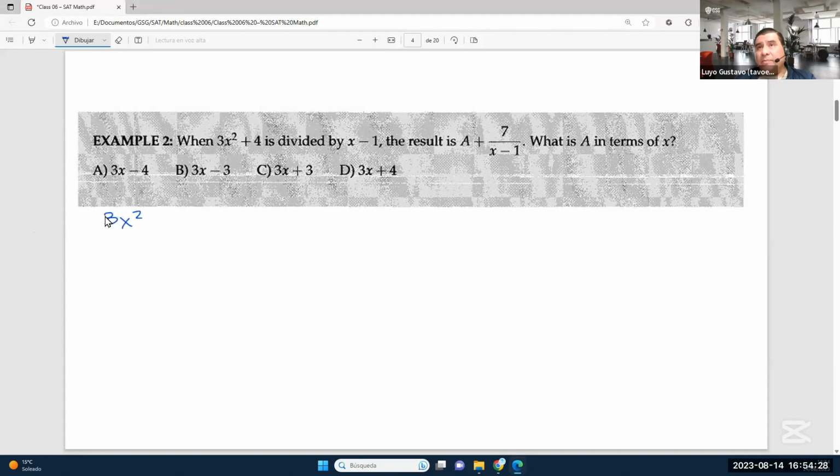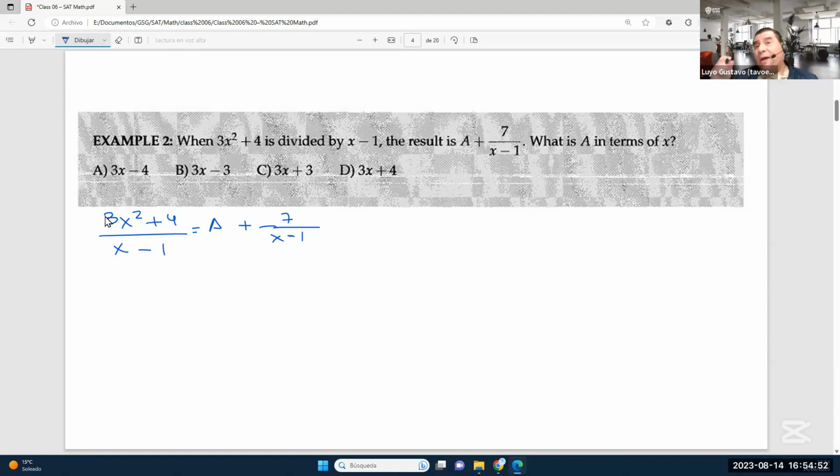You may say 3x squared plus 4 divided by x minus 1 has to be equal to this. Since they ask me to find A in terms of x, why don't I create a match? Try to force a match of the terms on both sides.